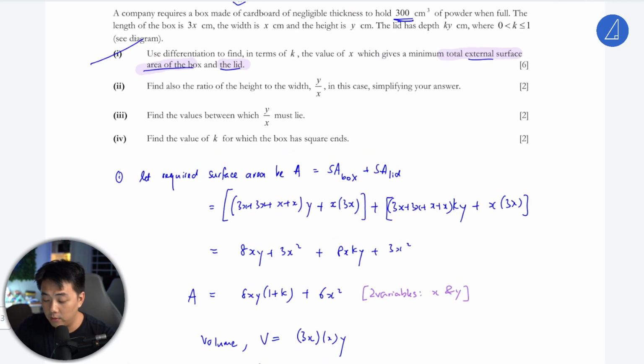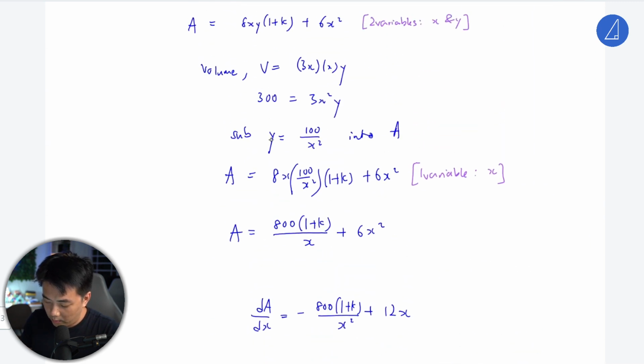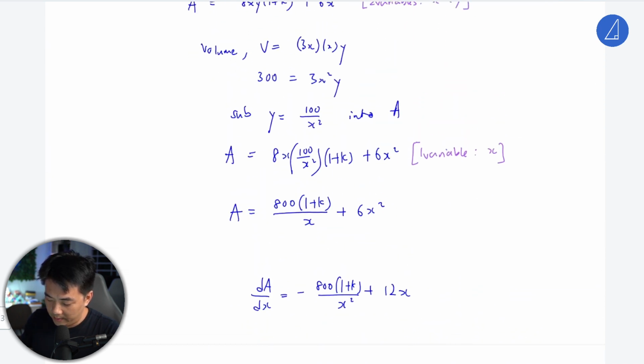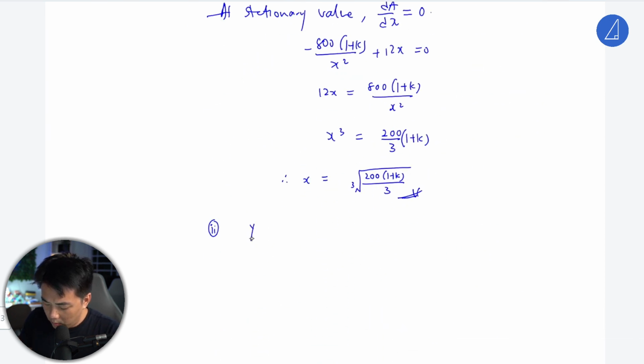Find also the ratio of the height to the width, y over x in this case. Simplify your answer. So part 2. We know that we could just find y over x here. Looking at this, y is equal to 100 over x squared.